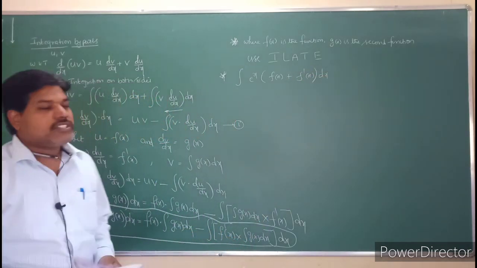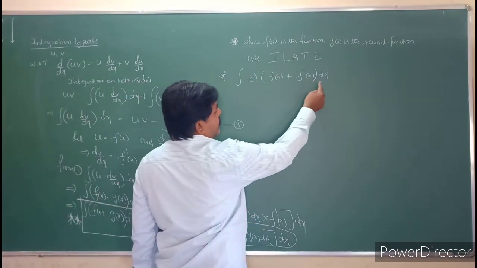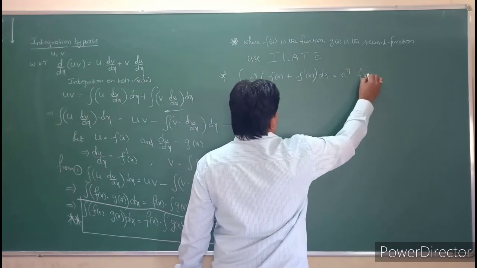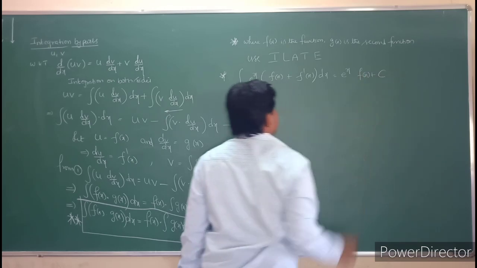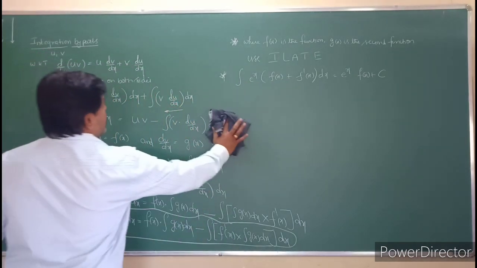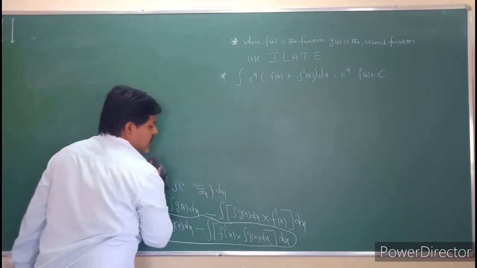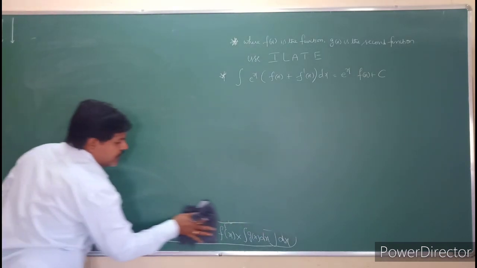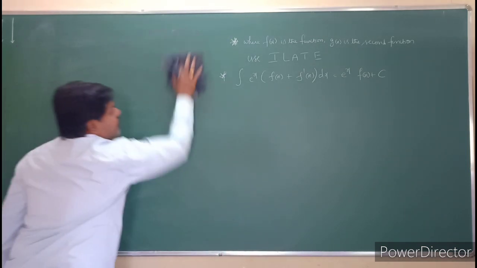The important formula is: integral of e power x into f of x plus f dash of x into dx is equal to e power x into f of x plus c.